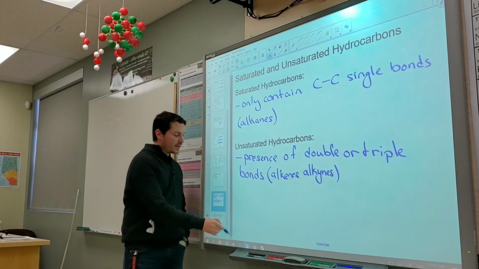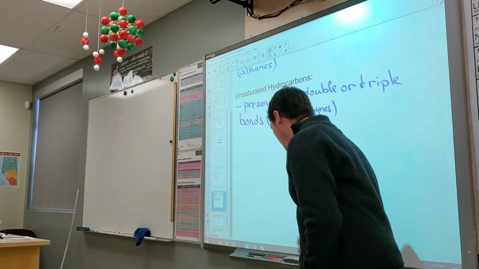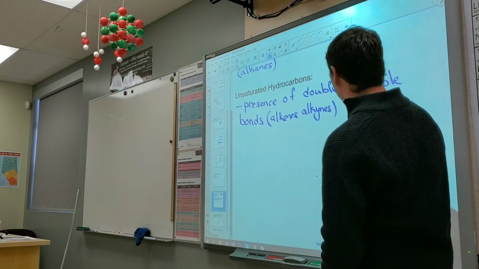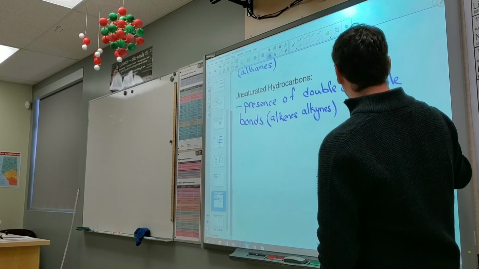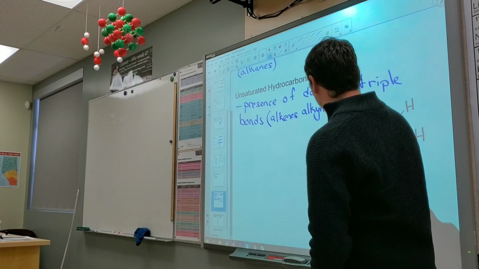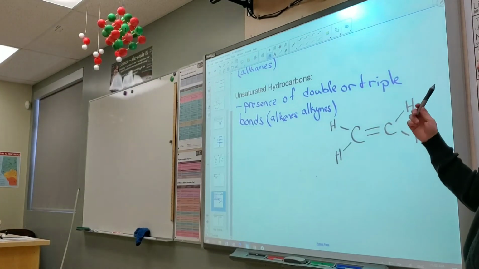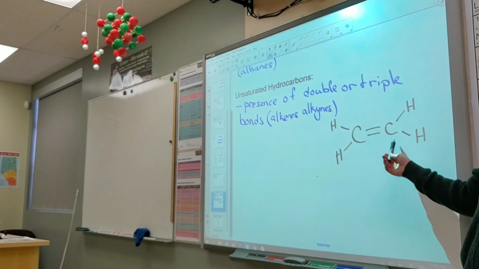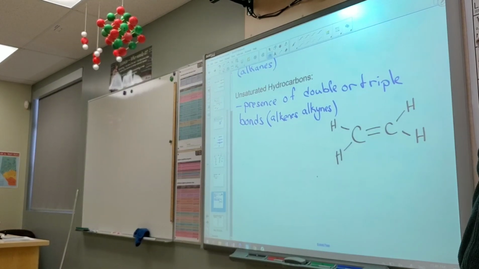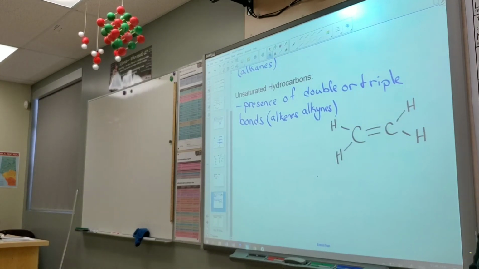The reason why we say that this is unsaturated is because if I drew this, which is what we drew before, is this the maximum amount of hydrogens that these 2 carbons can hold? No. How many hydrogens are on this molecule right now? 4.